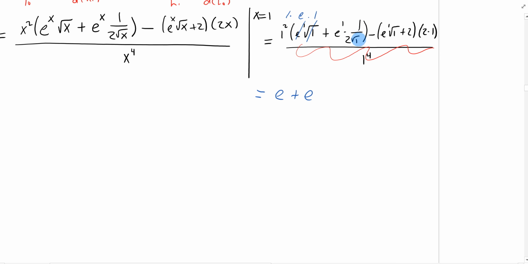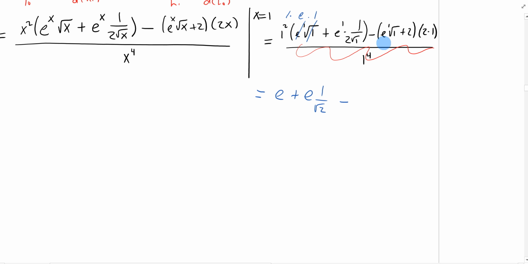And then 1 over 2 times square root of 1 is just 1 over 2, so e over 2 minus, this is going to be e plus 2 times 2 all over, well, we just said that's not necessary.